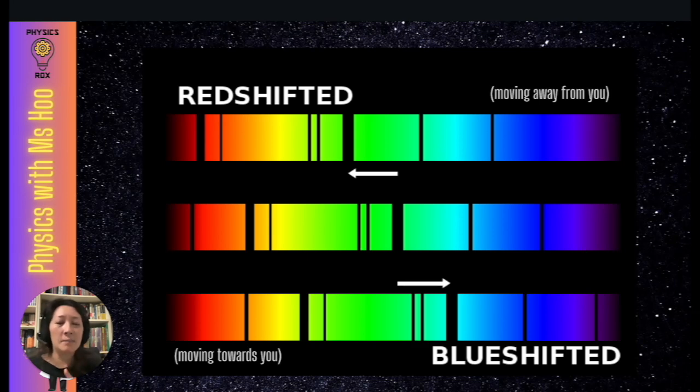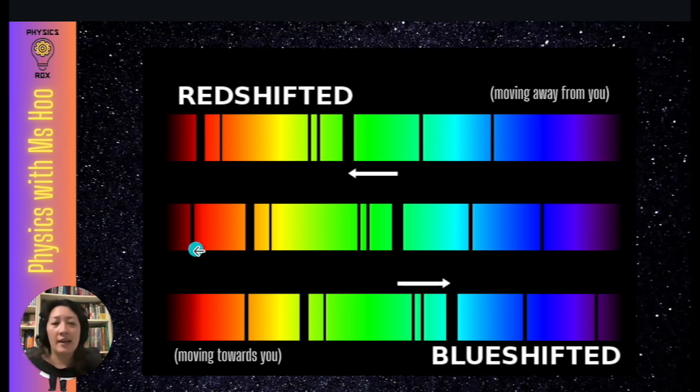So if, let's say, this particular star was moving towards us, you'll find that the black bands here, which represent the absorption spectrum, have shifted towards the blue end of the spectrum. Some might say it's shifted towards the violet end, but it's kind of weird to say violet shifted, so we tend to say blue shifted. Remember that on the blue end of the spectrum, the wavelength is shorter.